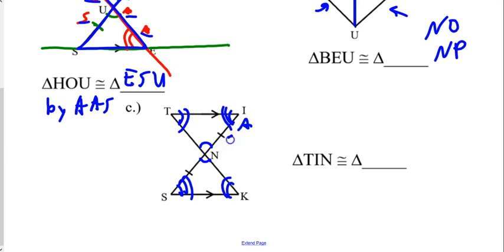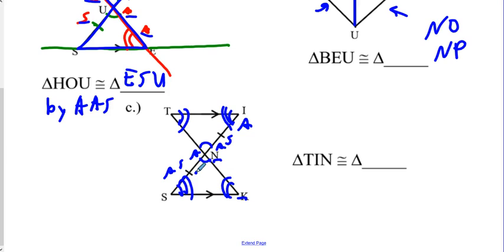We have an angle, a side, and an angle. Okay. We also have, and this is going to be kind of confusing, angle, angle, side. So this is one where we actually have two choices.